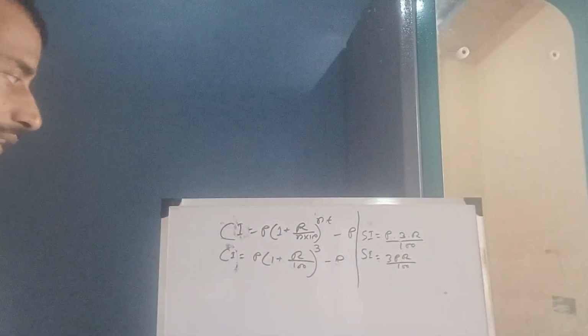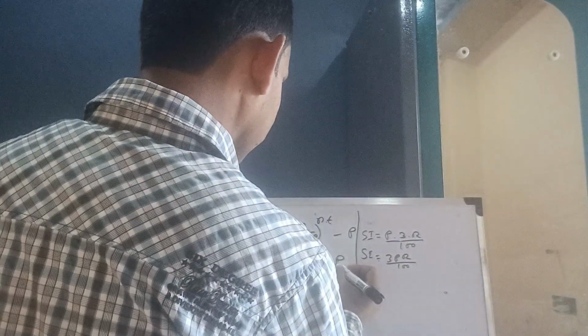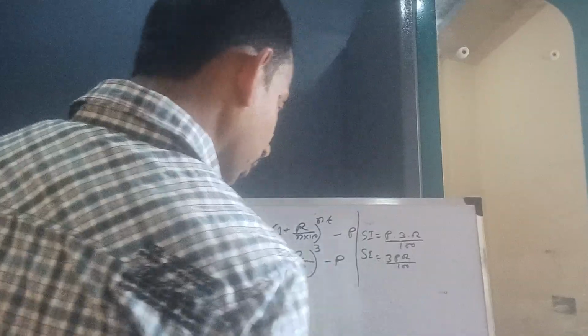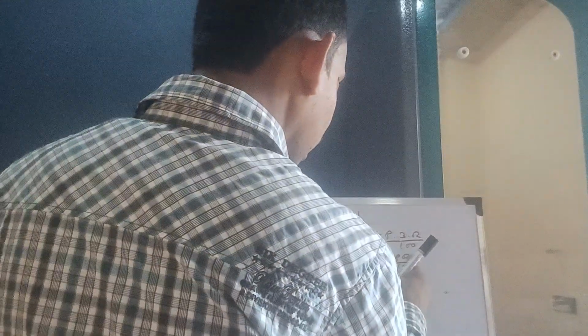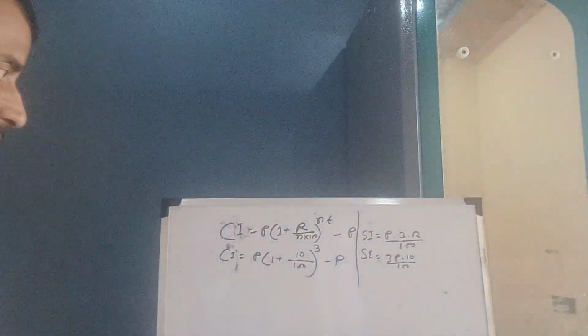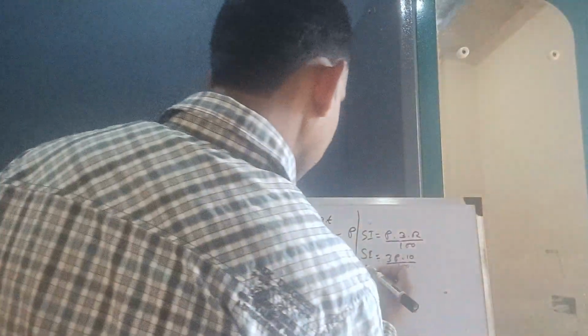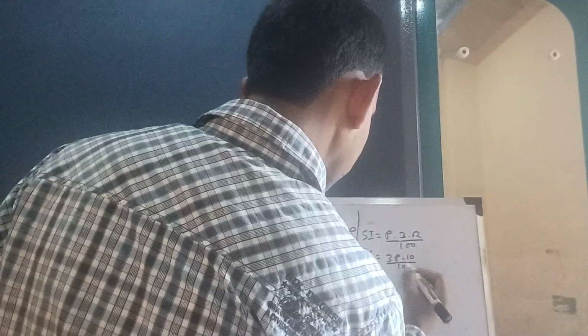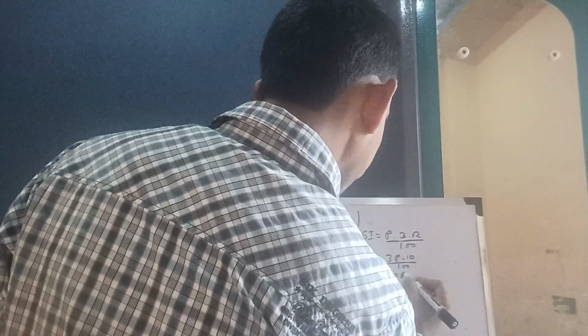Again, rate of interest is 10. So put R equals 10. Here also, R equals 10. This becomes SI equals 30P by 100.